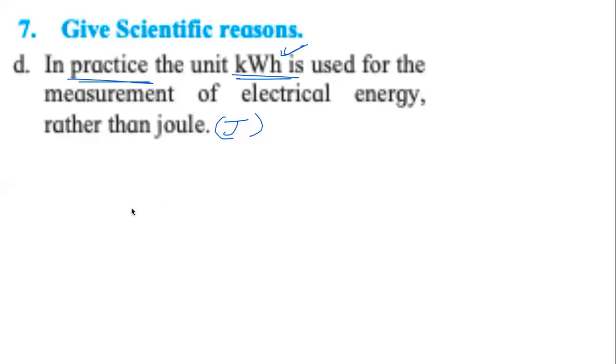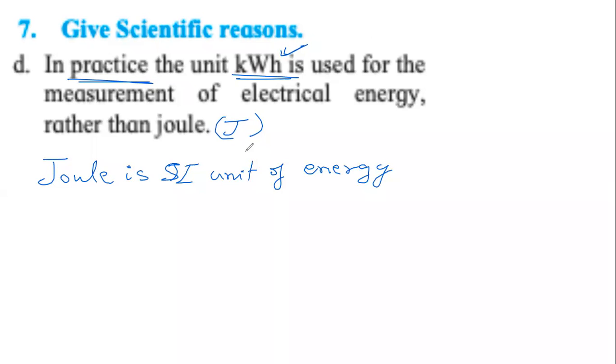What we can write is: joule is the SI unit of energy. Yes, it is correct. Right? Joule is the SI unit of energy. But joule is a small unit.